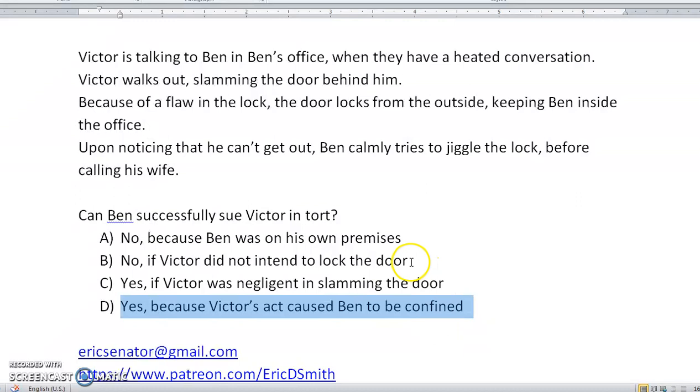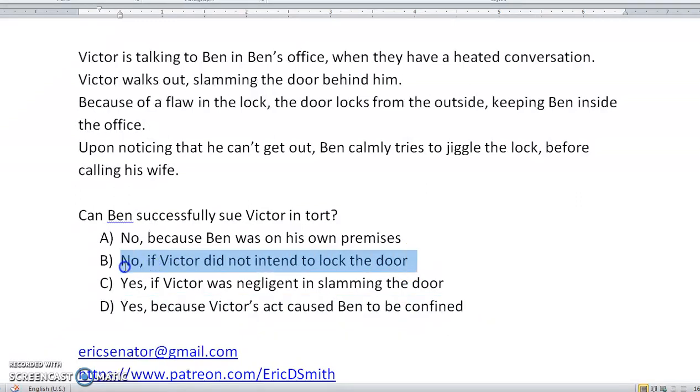The key element here, the one that's going to prevent Victor from being found guilty of false imprisonment, is the fact that Victor did not have an intent to lock the door. Let's take a moment to look at negligence and see why negligence is not a very probable way of proving any liability in this case.